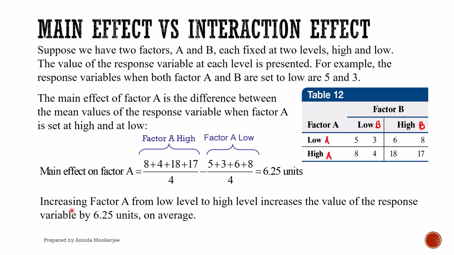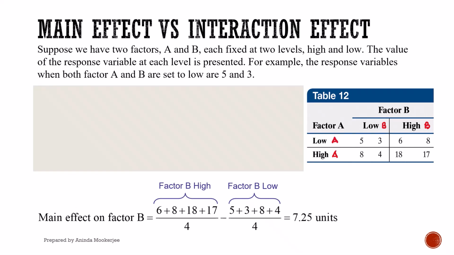So it says here increasing factor A from low level to high level increases the value of the response variable by 6.25 units on average. So that is how we study the influence or the main effect of a particular factor.